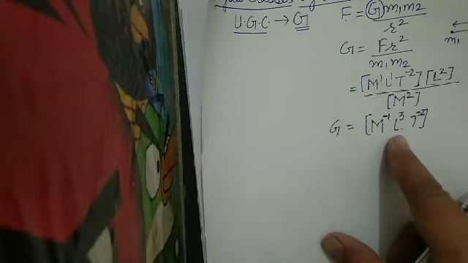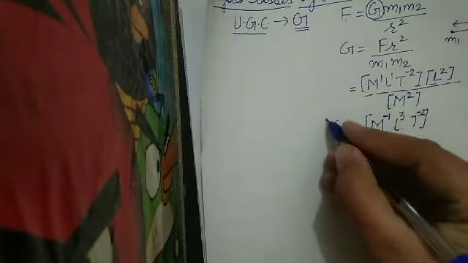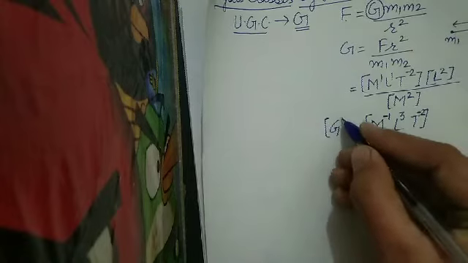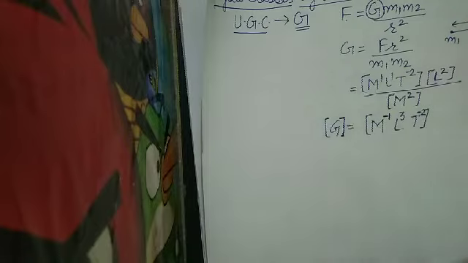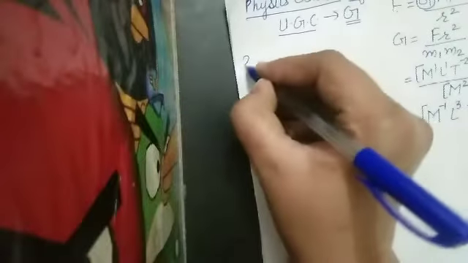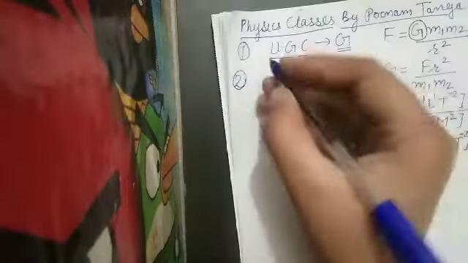But if I want the dimensional equation, I have to write the symbol of the physical quantity within square brackets. So it is a dimensional equation. Okay.